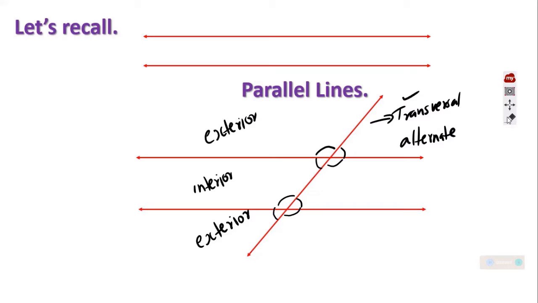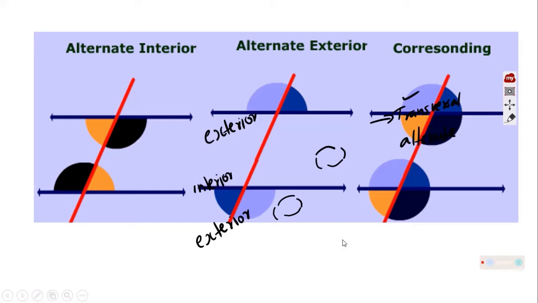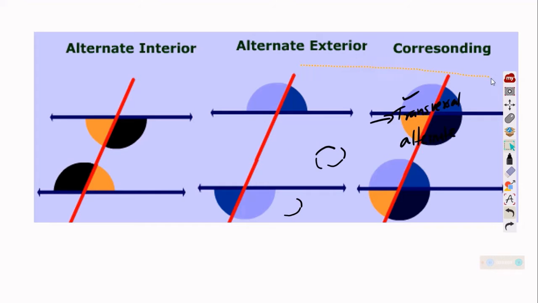Further, we categorized them and studied them in such a way that we can easily remember those angles. Look at this colored picture. The picture is colored for the sake of recollecting it easily.